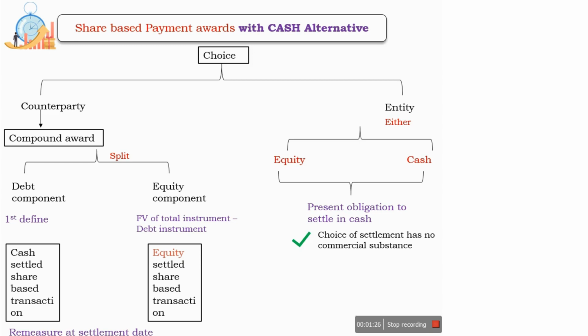It means, for example, the entity is prohibited from issuance of shares, or there has been a past practice of cash settlement, or there is a stated policy of the entity to settle in cash. If these conditions are there, it is to be considered a cash settlement and booked as cash. Otherwise, it has to be booked with equity treatment.